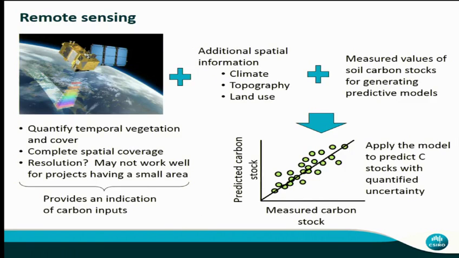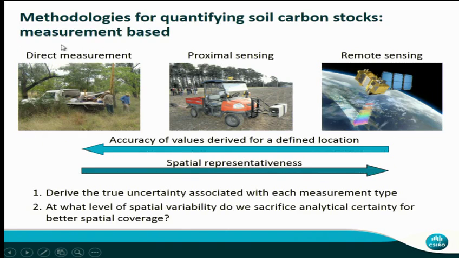The real key to all of this then is we've got these different methodologies. The accuracy of the methods across them are going to change. However, these methods give you a lot better spatial representation than going out and taking cores. So what we really want to get to is, first thing is, we've got to know what the true uncertainty is about each method.